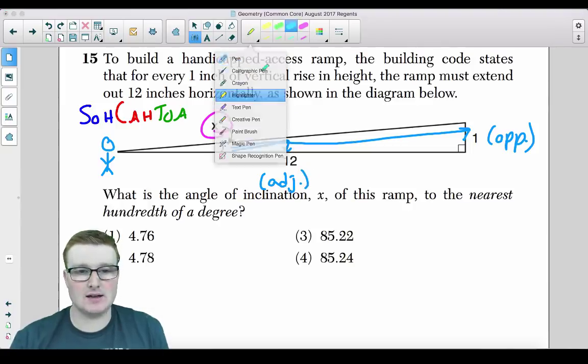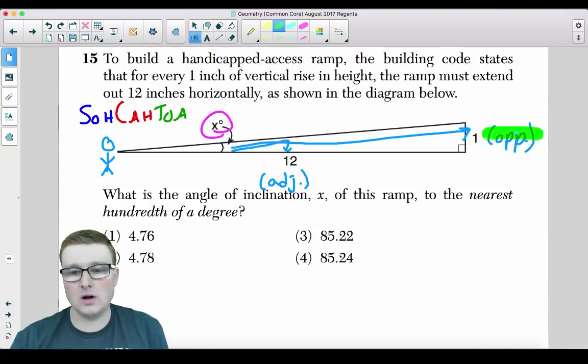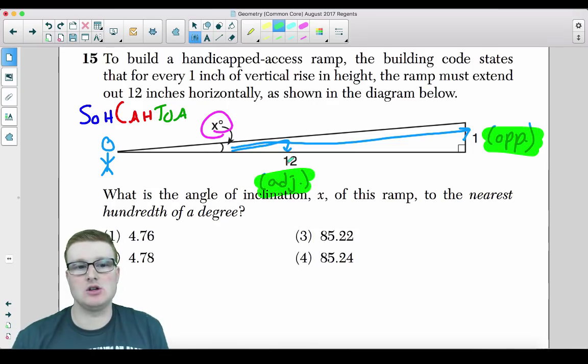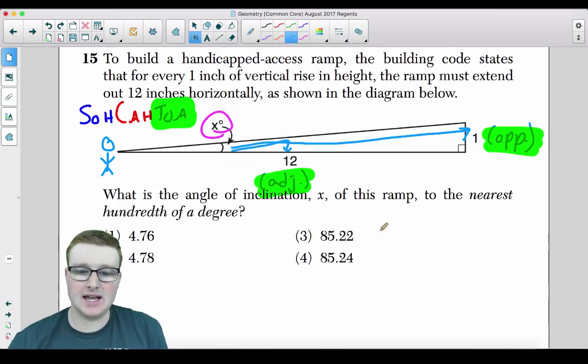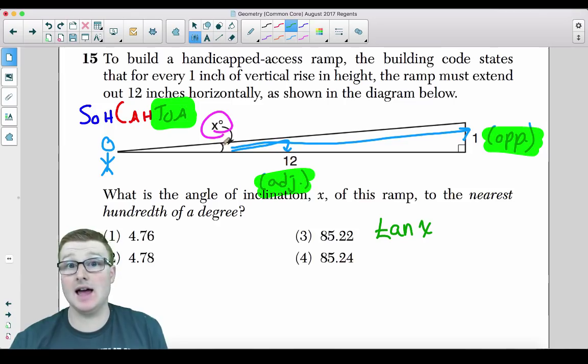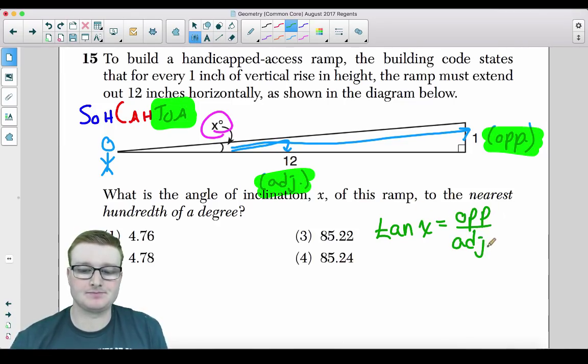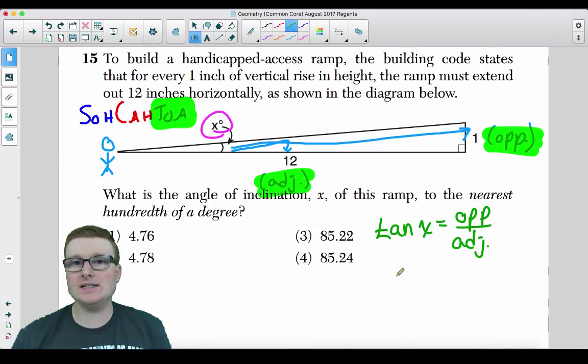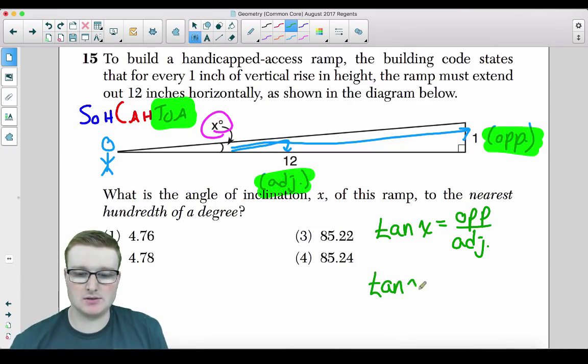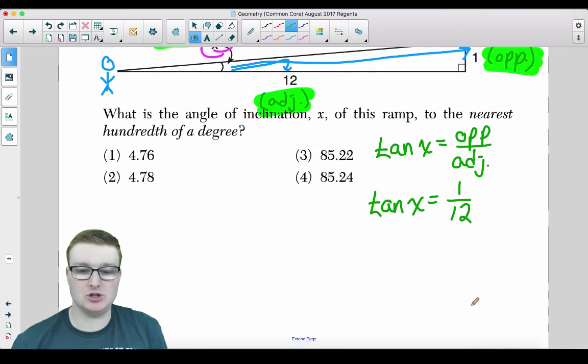If you're using an O and an A, you're using tangent, TOA. So we need to use tangent. The standard form of this would be tangent of angle x equal to the opposite over the adjacent. We need to find angle x. So the tangent of x is equal to the opposite side, which is 1, over the adjacent, which is the number 12.